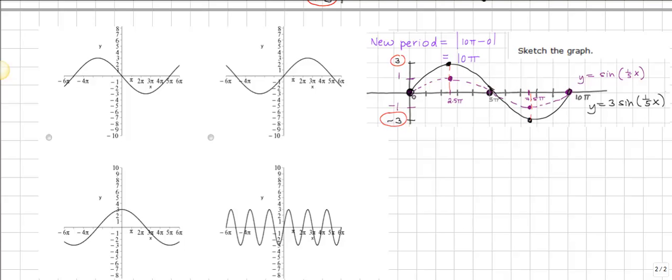One thing I want you to notice about our correct graph is that our x-intercepts occur for our cycle at 0, 5 pi, and 10 pi, but what we mean is that we have an x-intercept every 5 pi units. So if you have a graph whose x-intercept isn't at 0, 0 or 5 pi, then we're going to rule that one out. So this one's ruled out.